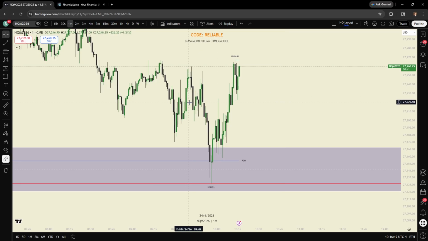Just a little weird delivery, right? The other thing we talked about was time frame alignment, right? If the long here failed, it was because time didn't necessarily align with it. And of course, when we get the long that works, when does it trigger? Right at 10 a.m. So the importance of time, right? Bias, momentum, time model.